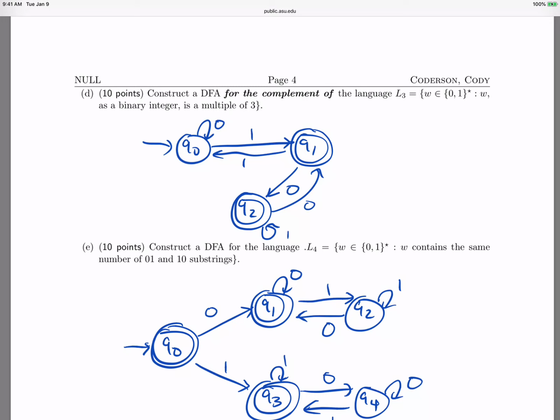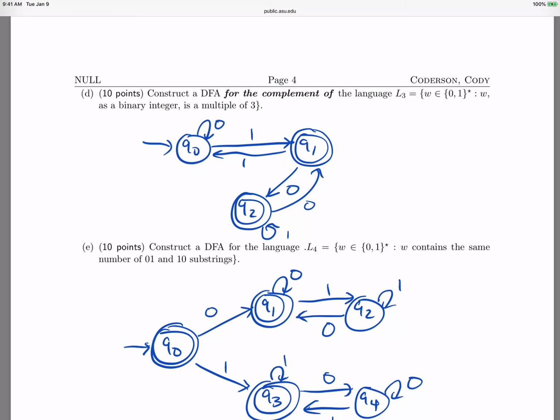So the idea here is that you can rephrase multiple of 3 as having remainder 0 when you divide by 3. If you take the number 6 and divide it by 3, it divides evenly, so it has remainder 0. If you divide 7 by 3, you get 2 with remainder 1. And 8 gives remainder 2. So there are 3 possible remainders: 0, 1, and 2. If you read a 0, that corresponds to multiplying the number by 2.